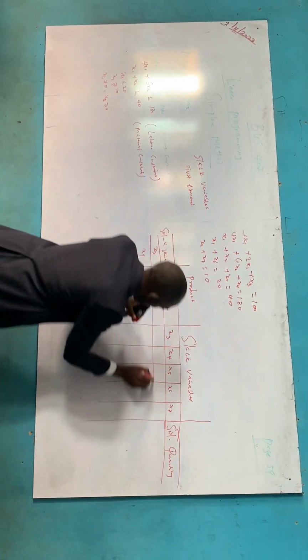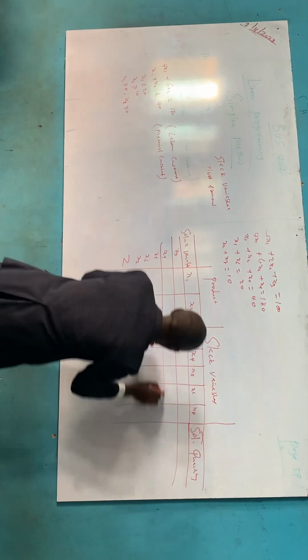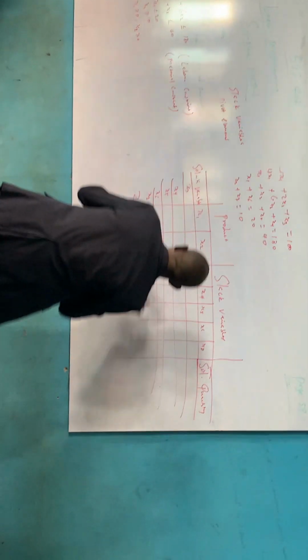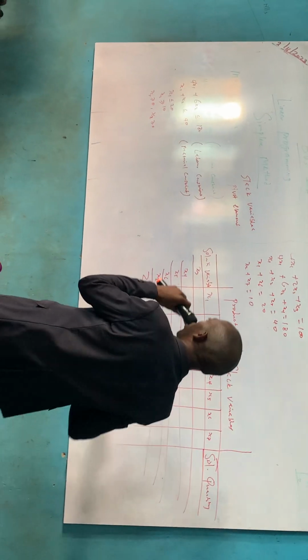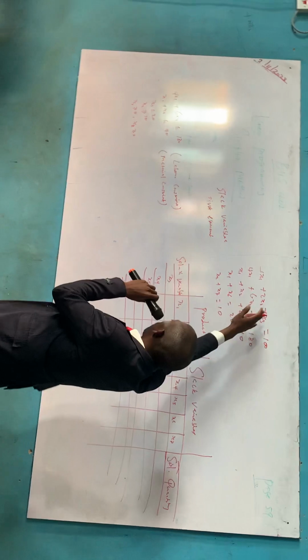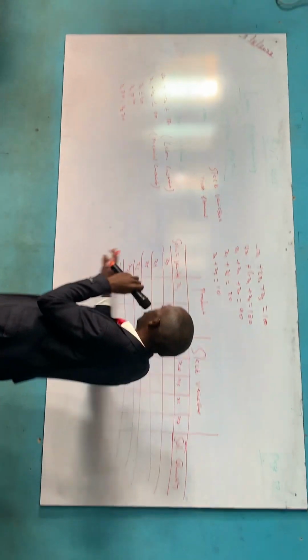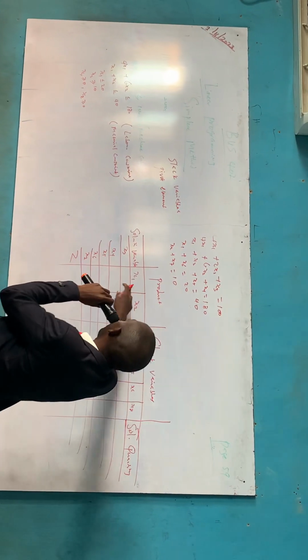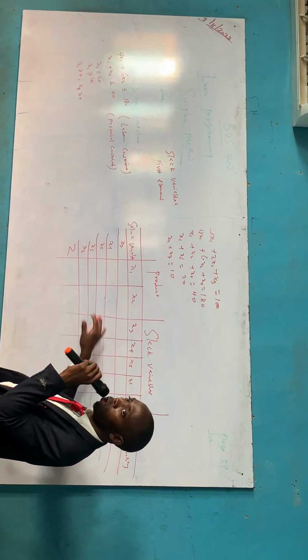So you draw your line. Now, what I'm going to put here, you start from the constraint, because this one represents your objective. The coefficient of this is what I'm going to put here.